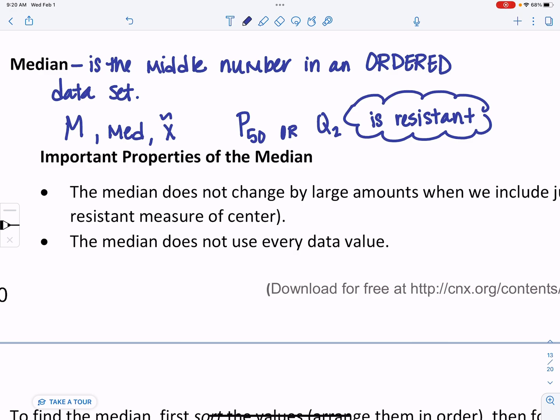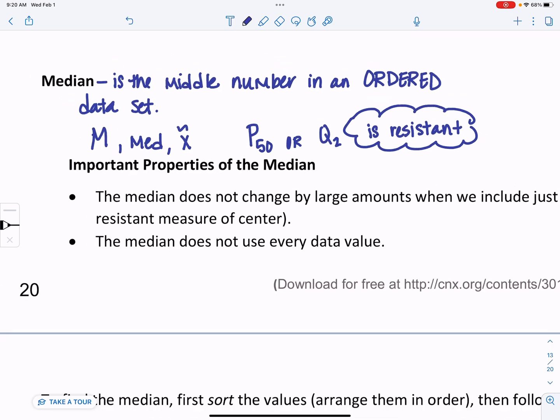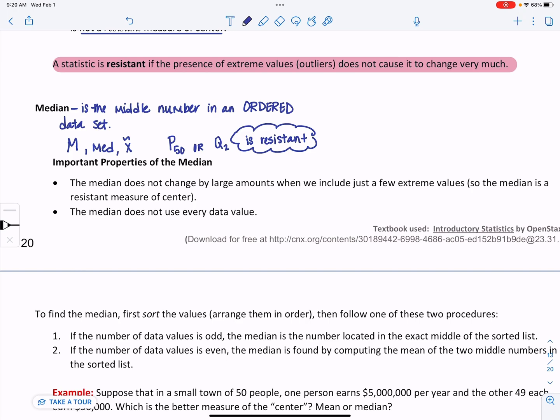So it is not affected by the outliers. That is exactly what this first one right here says. The median does not change by large amounts when we include a few extreme values. And the median does not use every data value. It uses the data's position in our list of data. So keep those two things in mind.